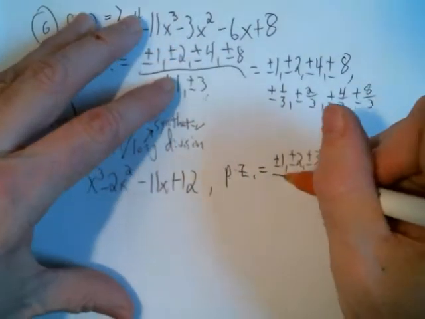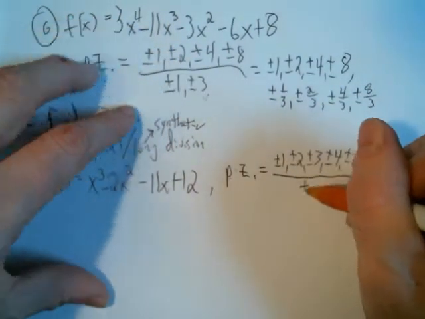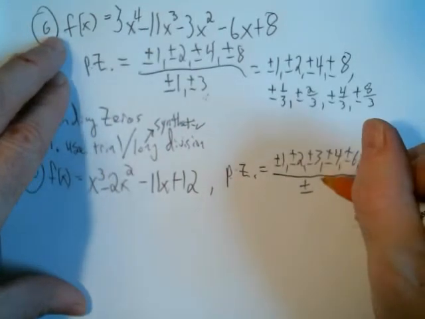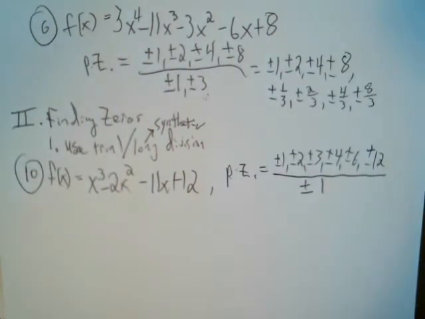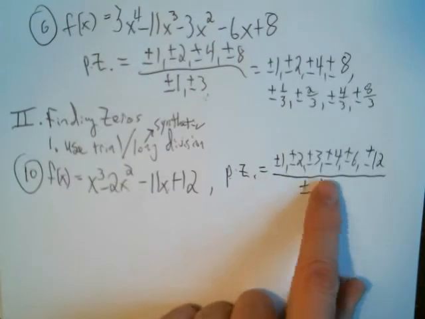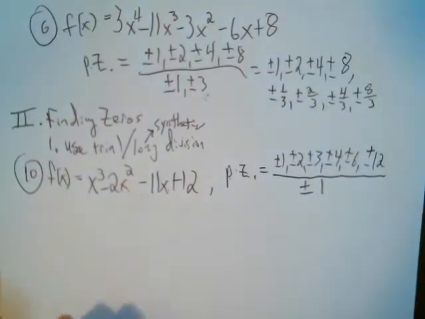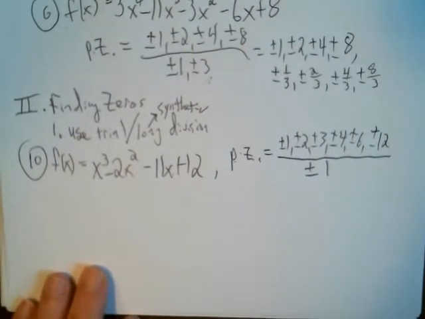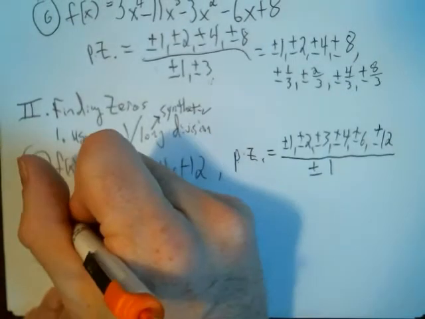And that will be all over plus or minus, I guess, just 1. So our zeros then 1, 2, 3, 4, 6, 12. And, you know, there's no magic to guessing which will work. You just start at the beginning.